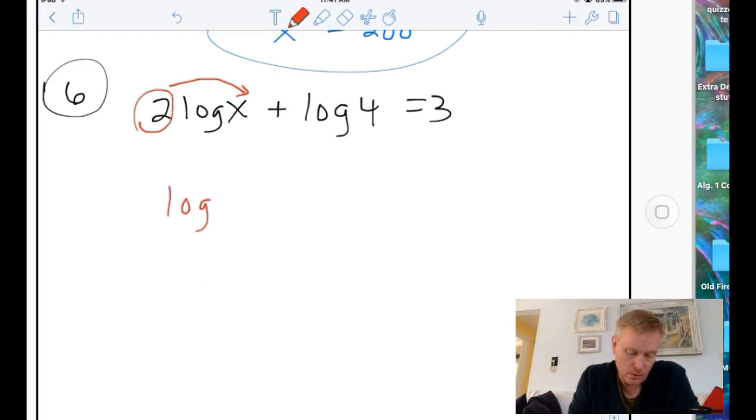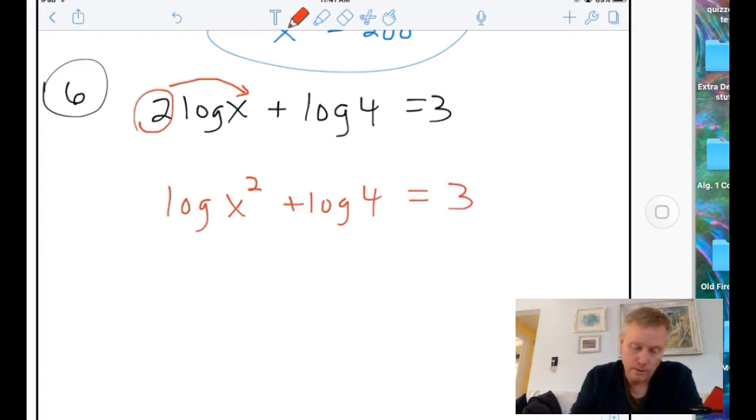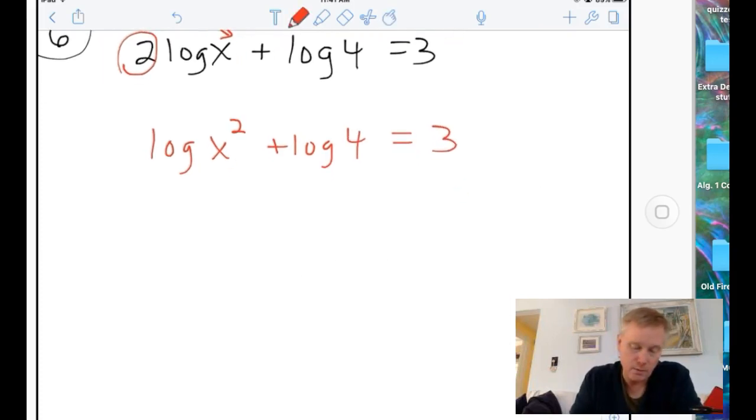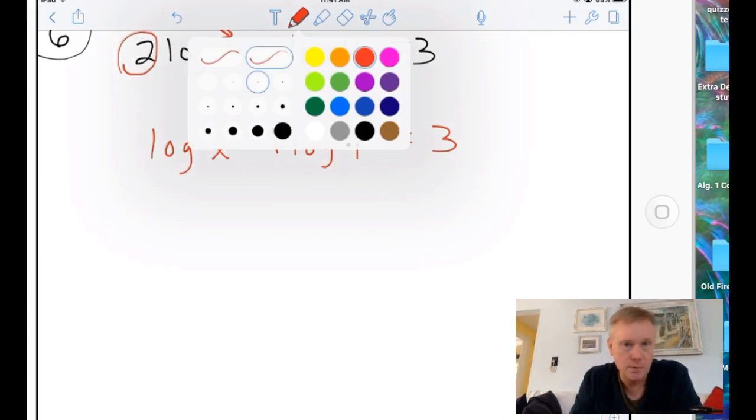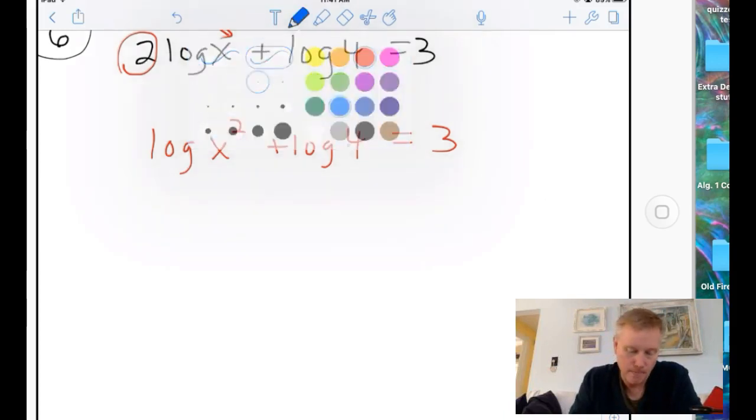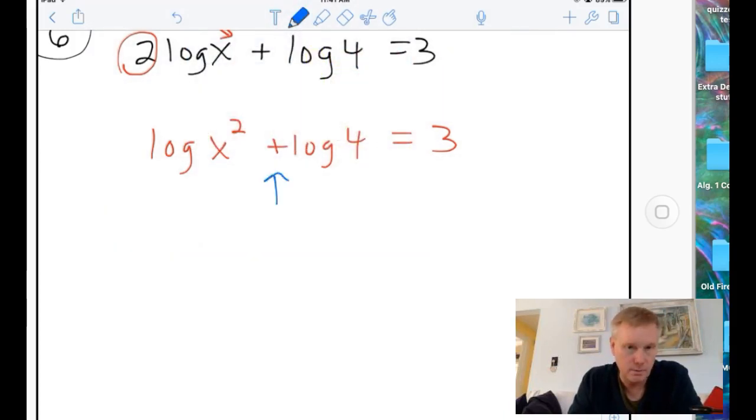So log of x to the second power plus the log of 4 equals 3, now I can combine these two together. Remembering from your properties of logarithms that when there's addition in between the two logs like that, that's really multiplication between the x squared and the 4. So this is log of 4 times x squared equals 3.